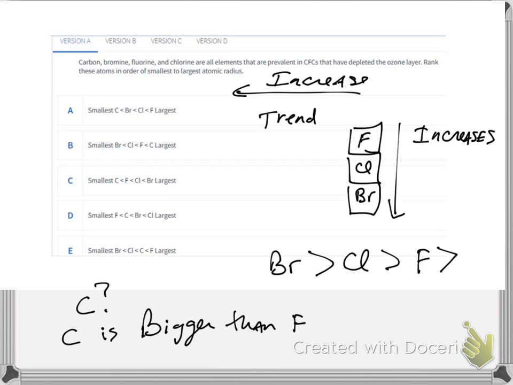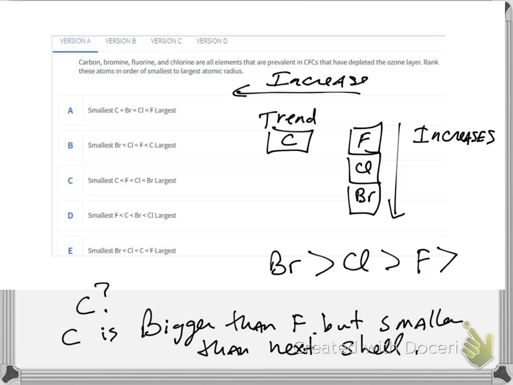But this is secondary compared to the outer shell trend. So carbon is bigger than fluorine, but we would predict it to be smaller than the next outer shell, which would be chlorine. So the order is carbon a little bit bigger than fluorine, but still smaller than chlorine and then bromine. So we would pick that answer.